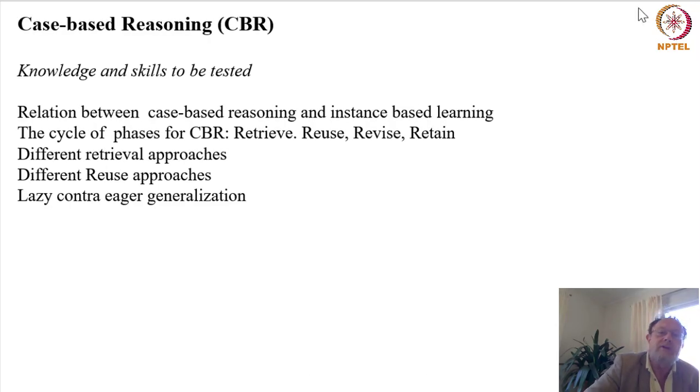Before we went into neural networks, we had a pretty short lecture on case-based reasoning. Obviously, this topic, which is an area of itself, has not been so well covered in the course either.